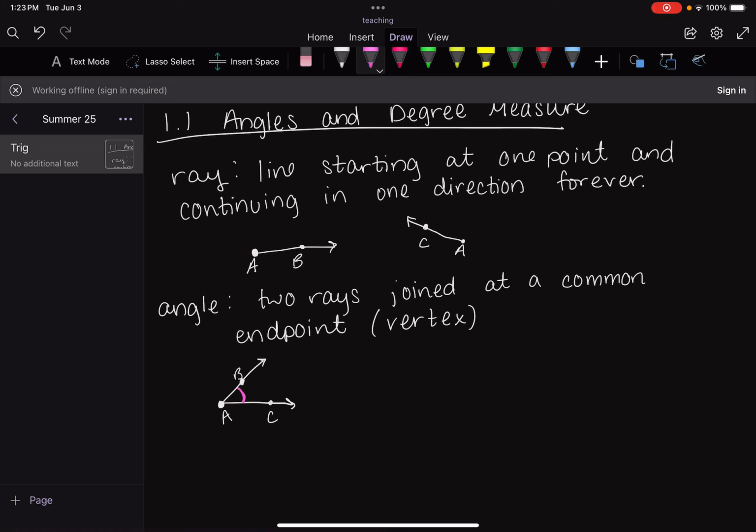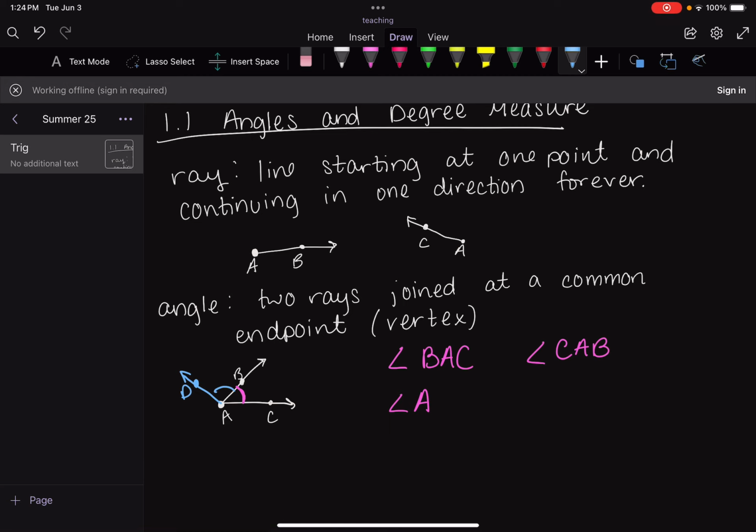The vertex is really important because that's usually how we're going to label our angle. There's a few different ways to label an angle. This symbol means angle, so we could call it angle BAC. We could also call it angle CAB, as long as the A, the vertex, is in the middle. We could also just call it angle A. Sometimes that might not be nice, because what if there's another ray coming off over here, and maybe we call this one D. Well, now if I talk about angle A, do I mean the pink angle?